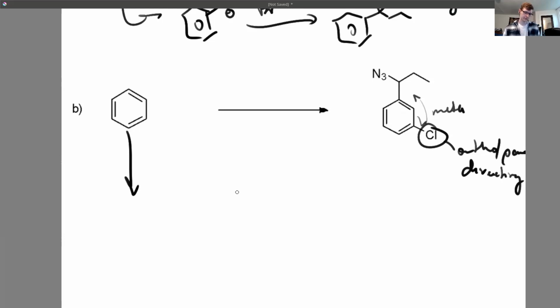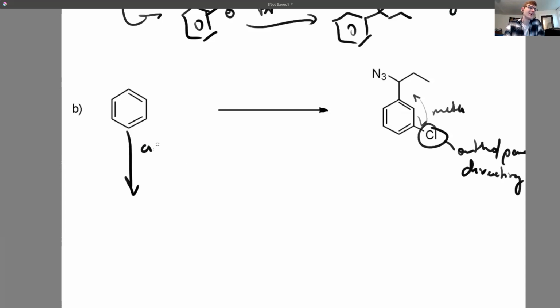Aldehydes, ketones, esters, acids. Okay, so we could do a Gattermann-Koch. We could just simply isolate it like a Friedel-Crafts. I like that one. Right?